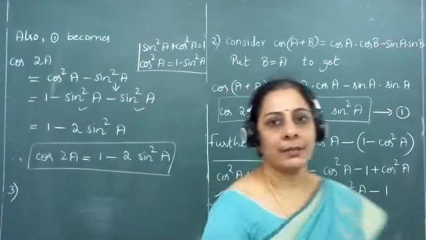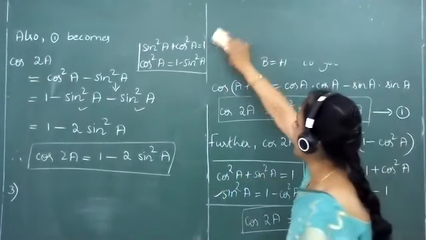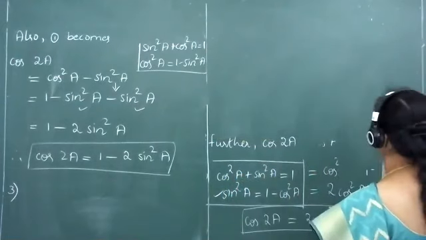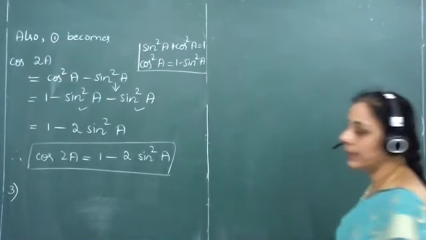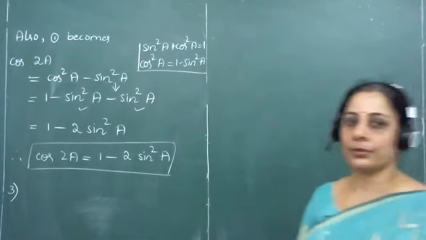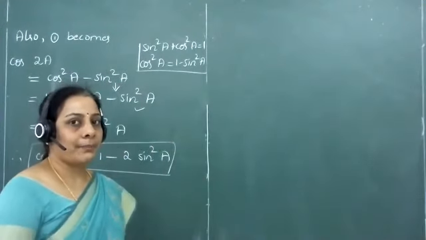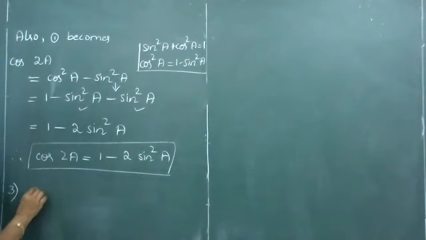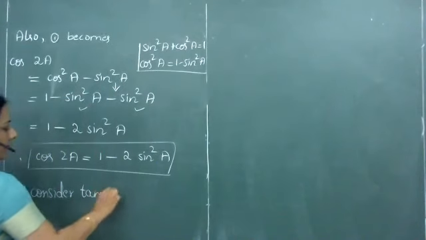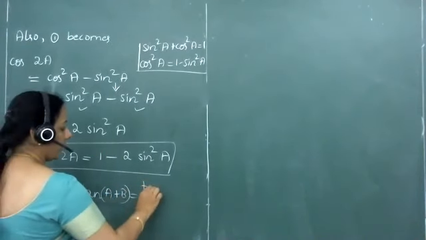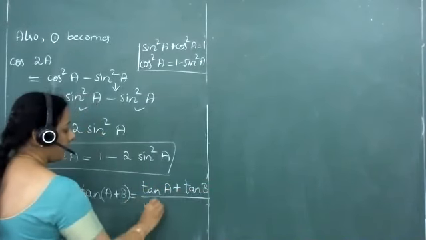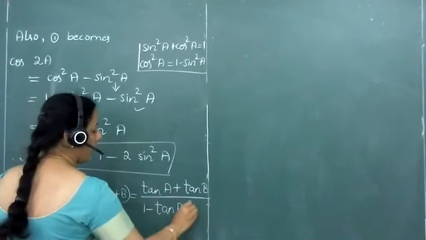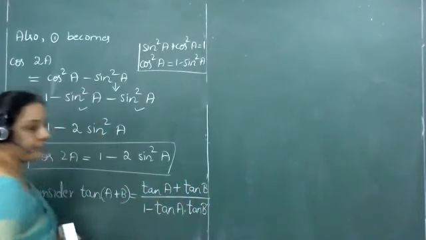We have the third multiple angle formula, which is taken for the tangent ratio. So again, to find the value of tan 2a, we will have to again consider tan a plus b compound angle formula. So we consider tan of a plus b, which is supposed to be equal to tan a plus tan b whole divided by 1 minus tan a multiplied by tan b.